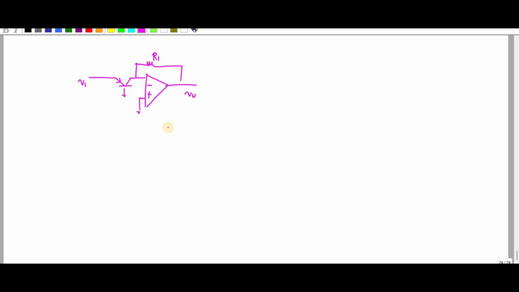So instead of IS, I have to use IEBO. Since the collector and the base are grounded, it acts as a diode, and the voltage drop across it is VBE. Okay.